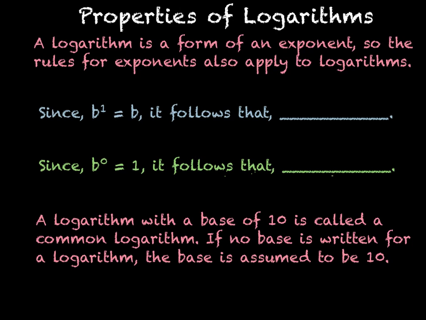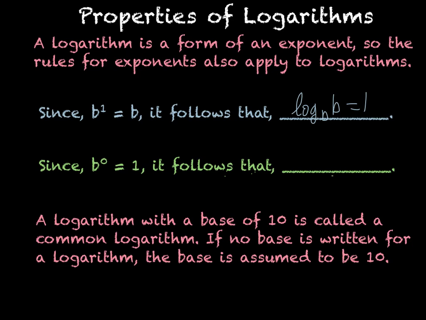Properties of logarithms. A logarithm is a form of an exponent. So that means that the rules of exponents are going to apply for logarithms. So if that's true, since b to the first power equals b, it would then follow that log base b of b equals 1.